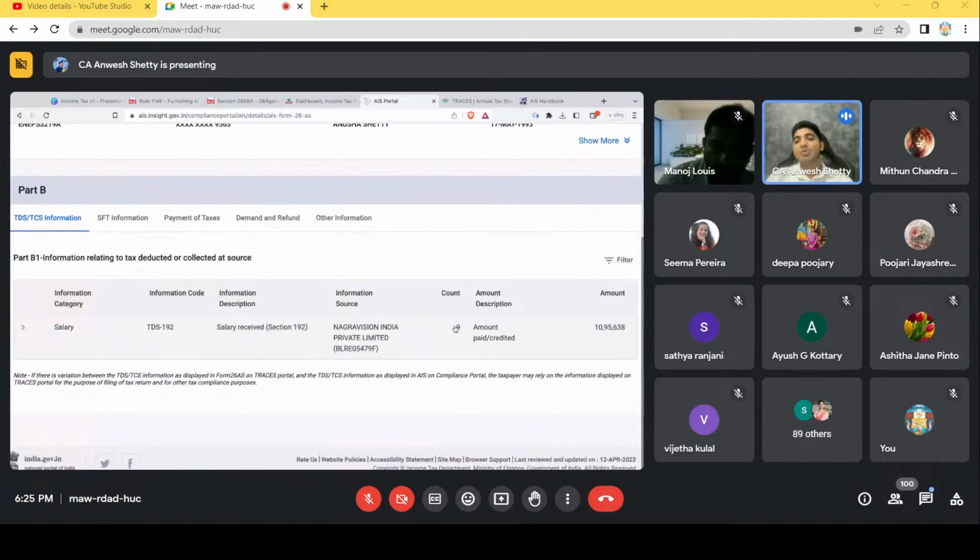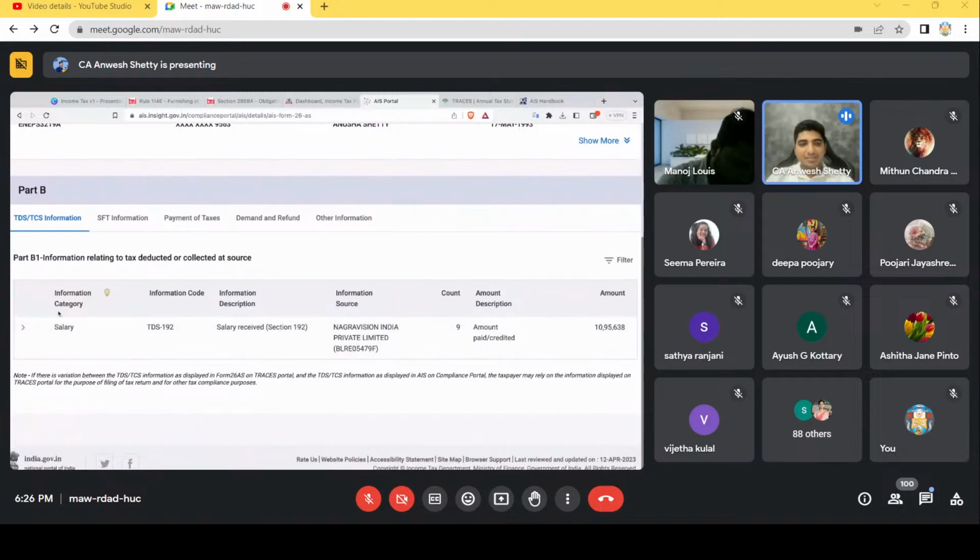It is only for 9 months. I told you that the due date to file the TDS return for quarter 4 is not 31st of March. There is still one more month for them to file it. So as of now, only 9 months of salary is visible. That does not mean that my salary is 10 lakh rupees. It could be another 3-4 lakh rupees.